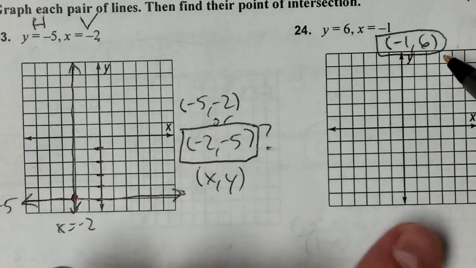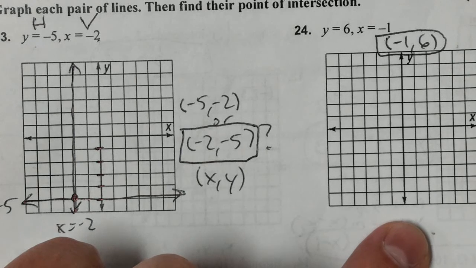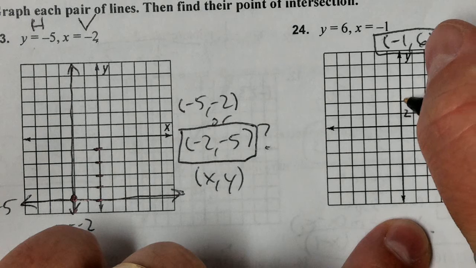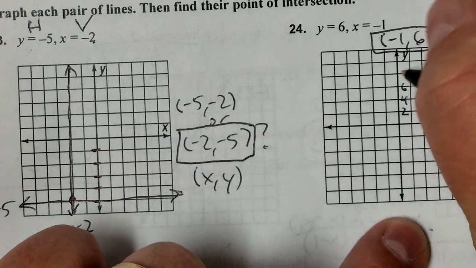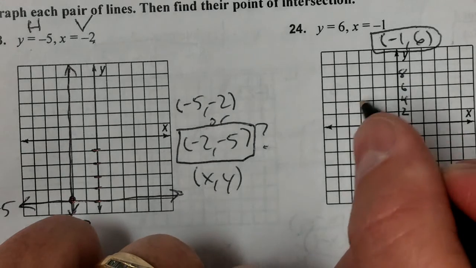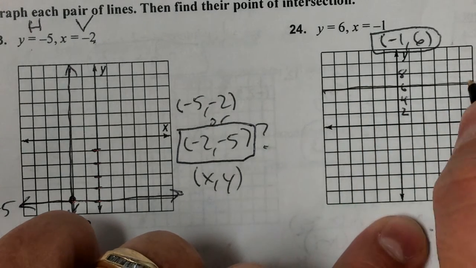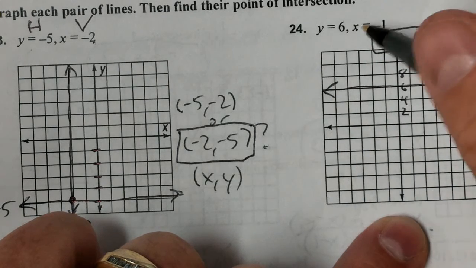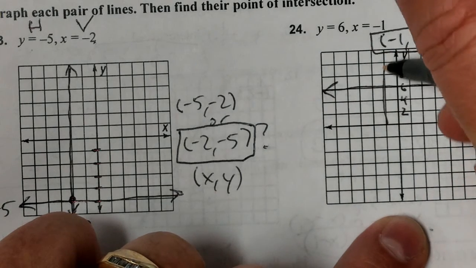And then go to 6. Looks like there's not going to be enough room, so I'm going to count this one by 2's. So y equals 6 would be this one, and x equal -1 would be this one.